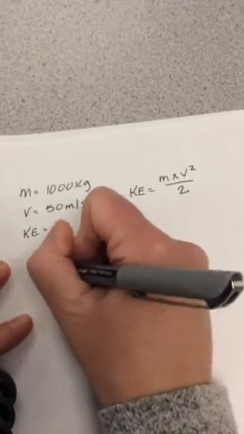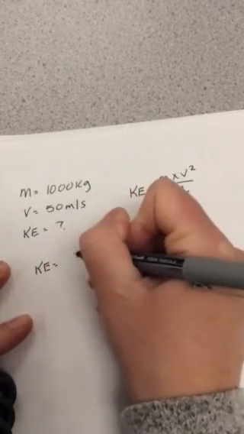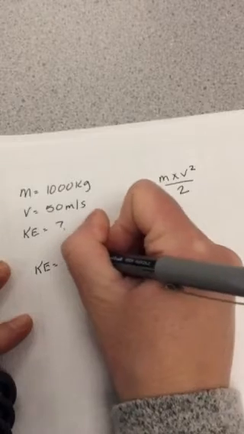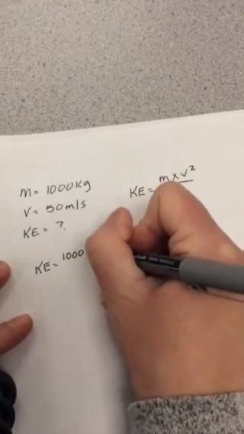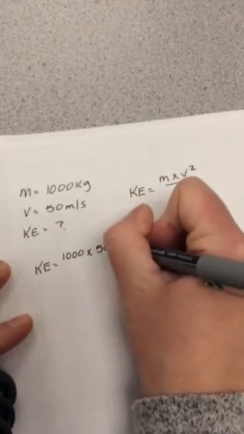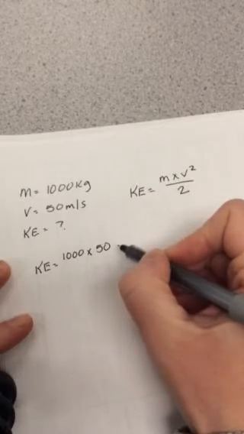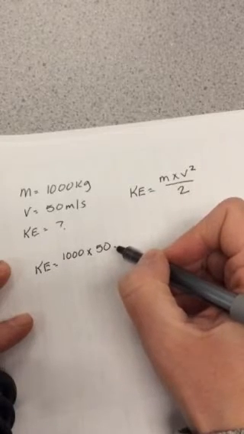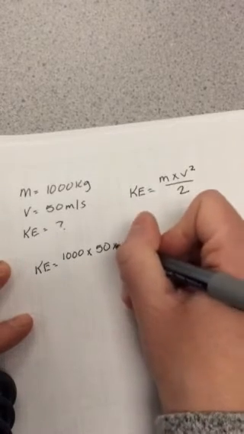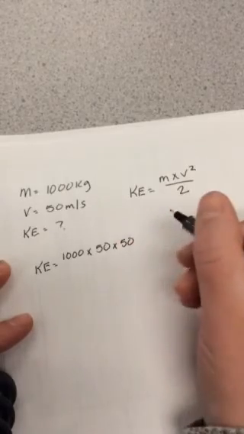So now I'm going to write KE equals 1,000 times 50. Now, if you remember that squaring is multiplying by itself, great. Sometimes people need a reminder, and so sometimes I'll encourage students to just write the number again.